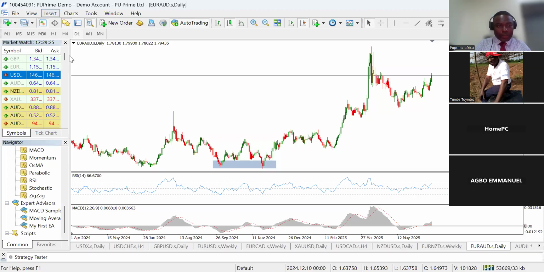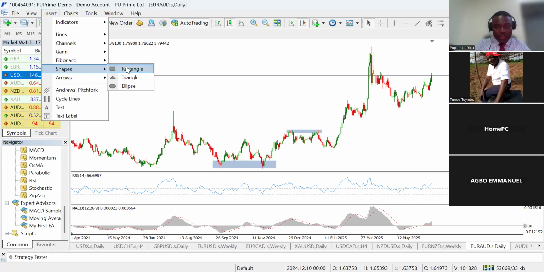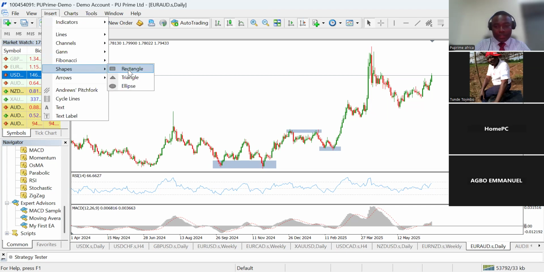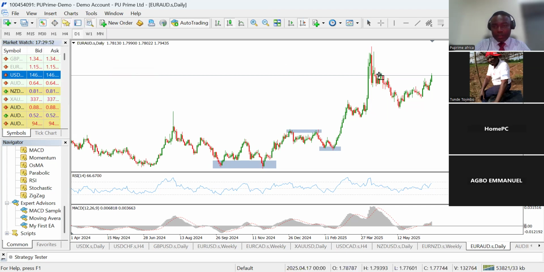A resistance in 2024. And this is 2025. Okay, we still I think identified one again. We have a support earlier on in 2025, and currently price is testing a resistance in 2025 again, right here.